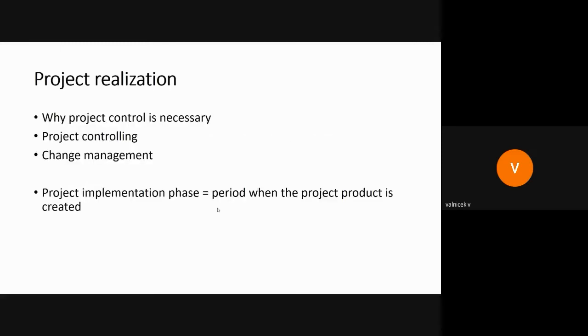Project measurement and evaluation quality. So we need to ask about the project control. Why the project control is necessary? Because we need to know what's going on within the project, and there is another part of the project management which is called change management. The change is an integral part of the project.